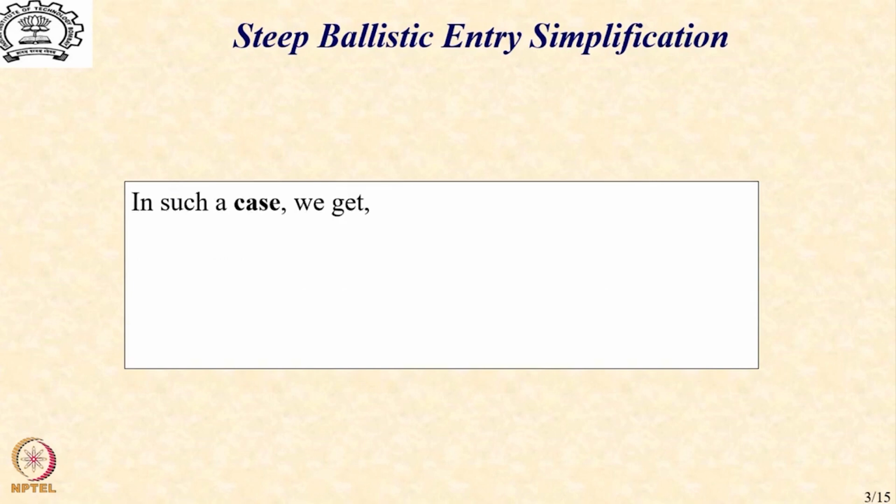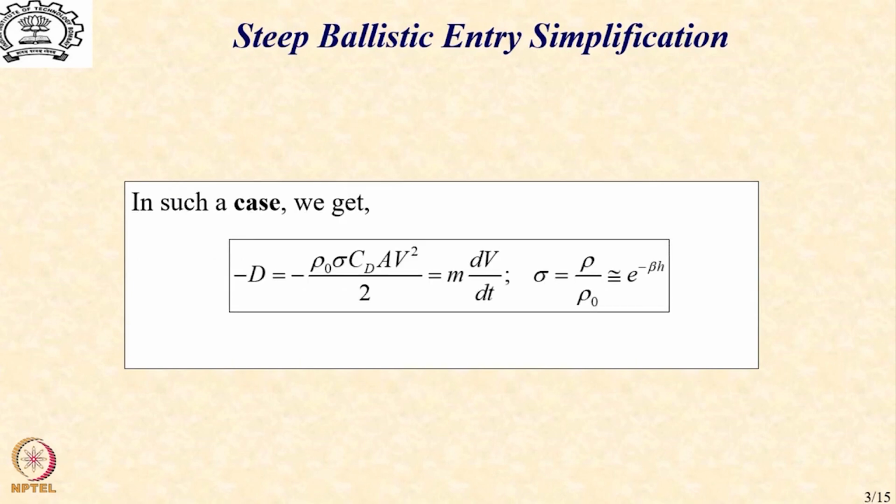In such a case, we get the following system of equations. We just equate the drag, which is defined as rho naught sigma CD A into V square by 2, which is equal to m dV by dt, directly, a simple differential equation which is non-linear as we have V square on the right hand side.